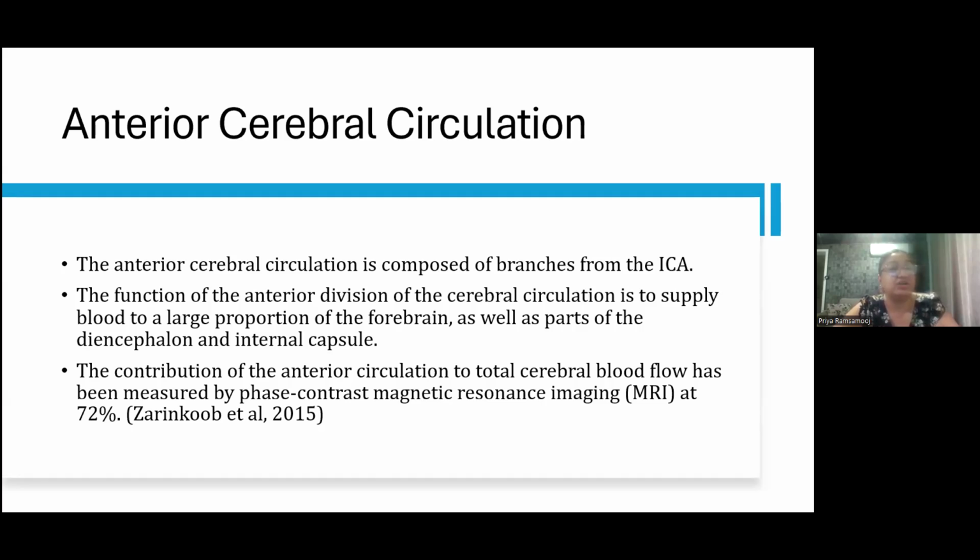Now, the function of the anterior division of the cerebral circulation is to supply blood to a large percentage of the forebrain, frontal lobe, temporal lobe, and parietal lobes, as well as the diencephalon and the internal capsule. It should be noted that the contribution of the anterior circulation to total cerebral blood flow has been measured as high as 72% on MRI.